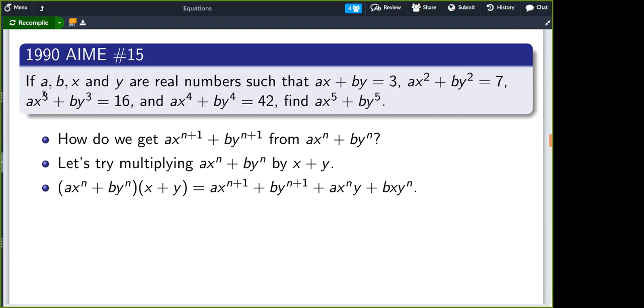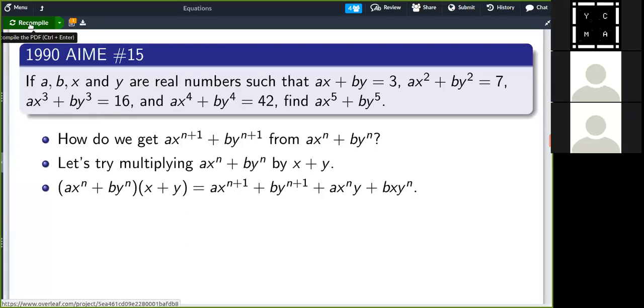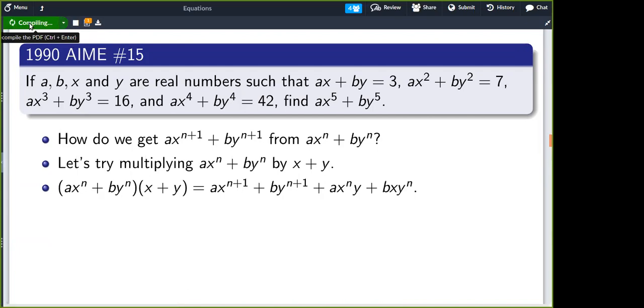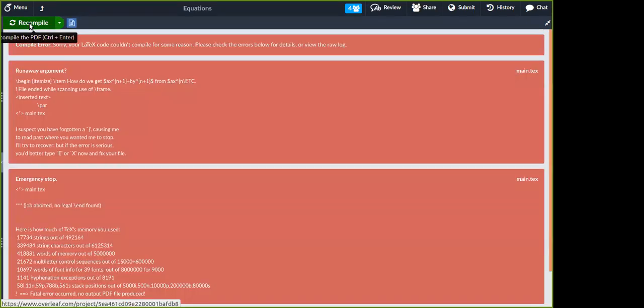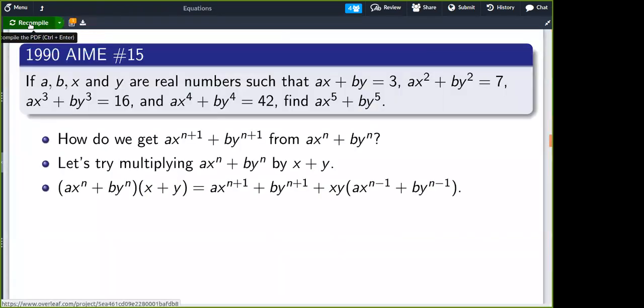And so if we try to factor that out, so this is what happens when we factor it out.